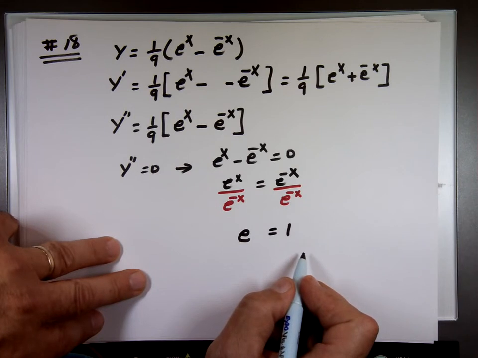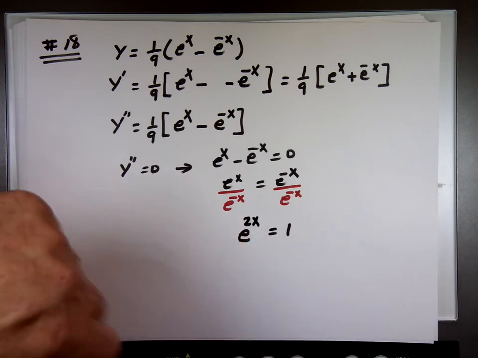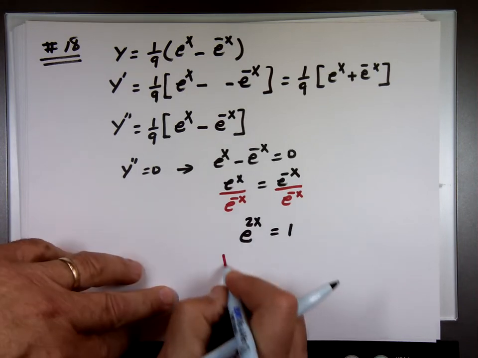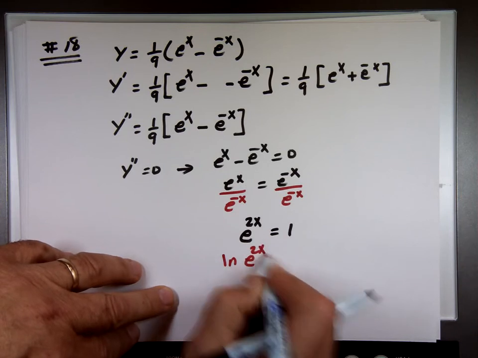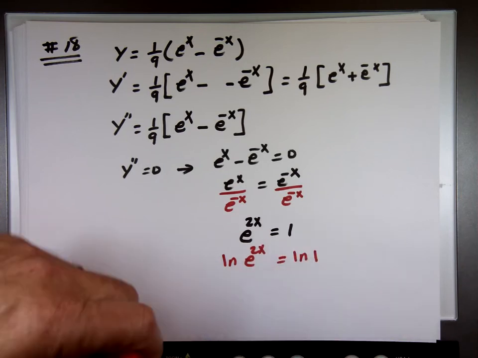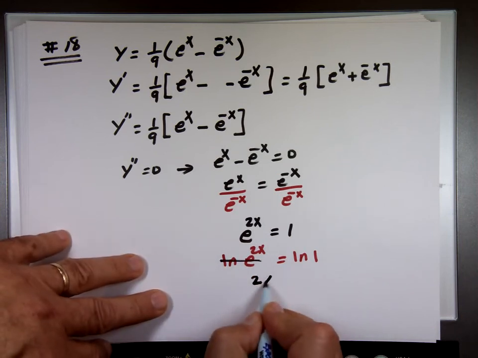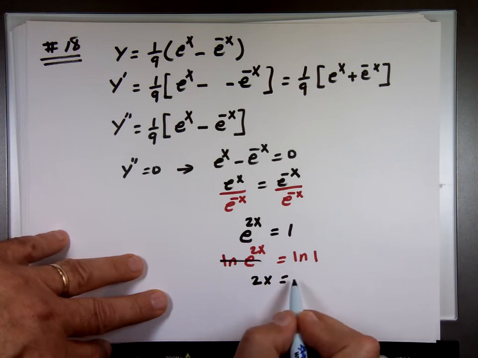Could it be 2x? e to the 2x equals 1. You still want to solve it. That's an exponential equation. How do you solve an exponential equation? Take the log, the natural log, absolutely. ln of e to the 2x equals ln of 1. ln and e will cancel each other out. 2x equals the ln of 1, which is what? 0. x equals 0.